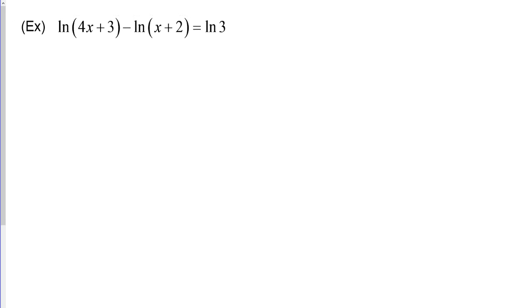So the next example. The natural log of 4x plus 3 minus the natural log of x plus 2 equals the natural log of 3. Okay, in this example, I have two logarithms that are of the same base and they're subtracted. I can combine them into a single logarithm by dividing their arguments.